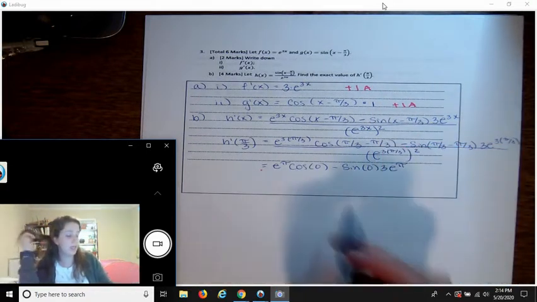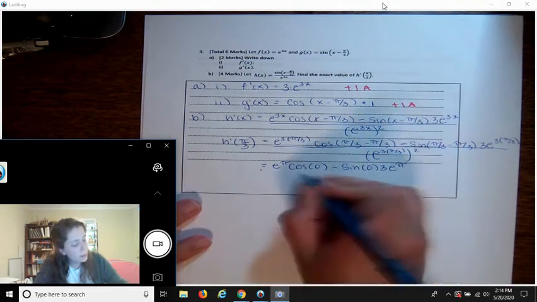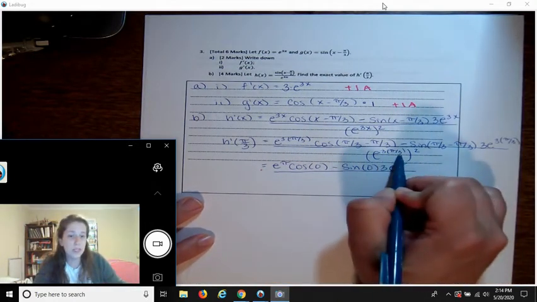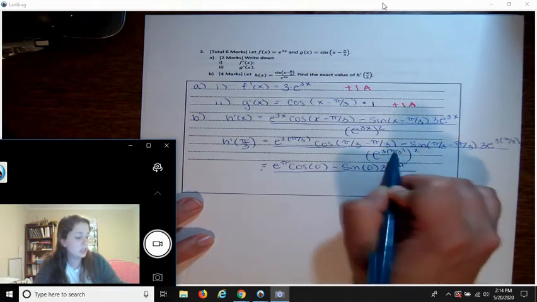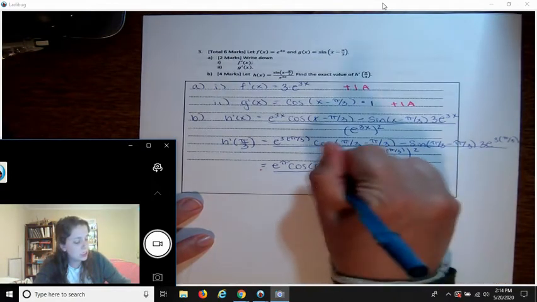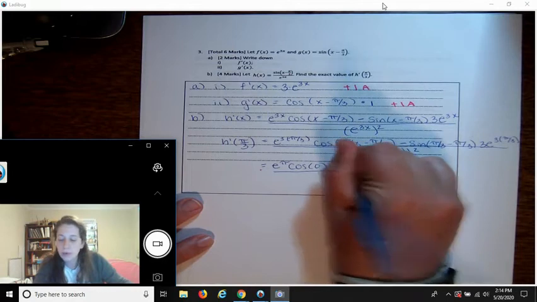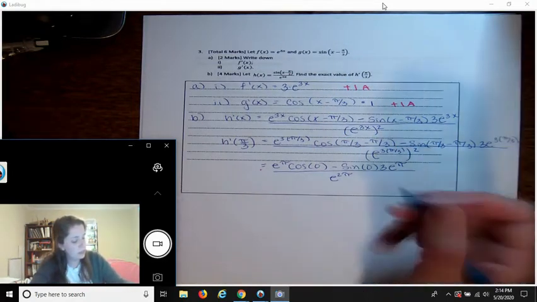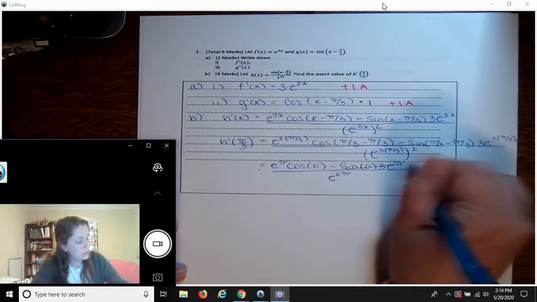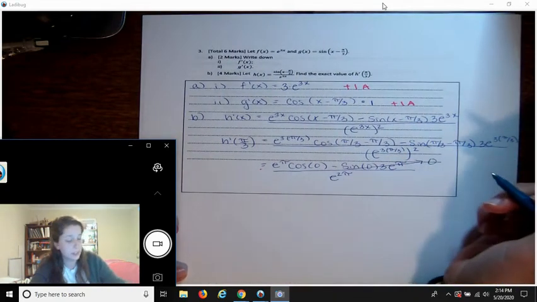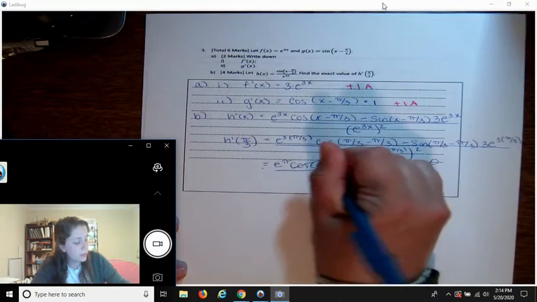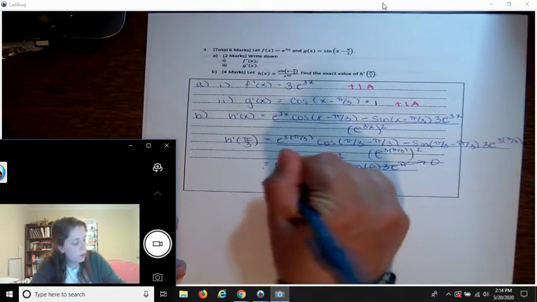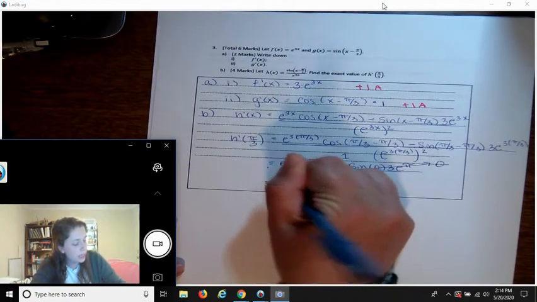And on the bottom, 3 over 3 is 1, so this is just e to the pi squared, which is e to the 2 pi. So this ends up just being e to the pi over e to the 2 pi.